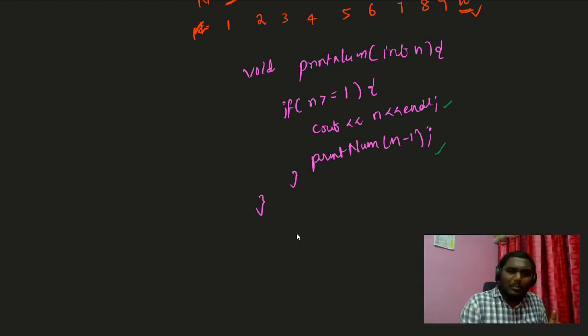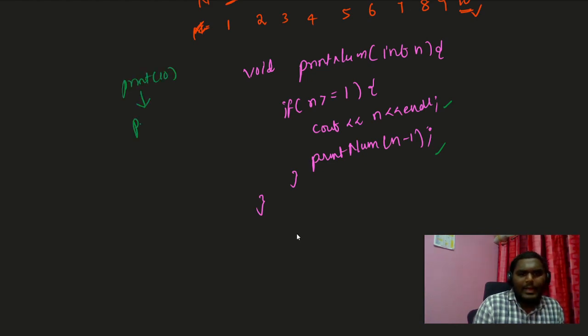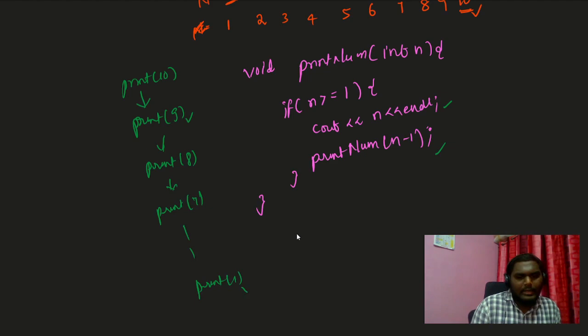So what can we do? Simply, before printing, we first call n minus 1. So you are given print 10. Then first you make a call to print 9. Instead of printing 10, you are calling print 9, then print 8, then 7, and it goes on like that until print 1 at the last.